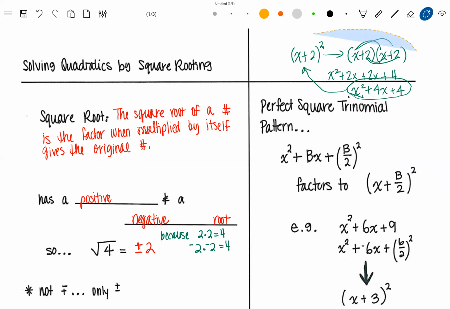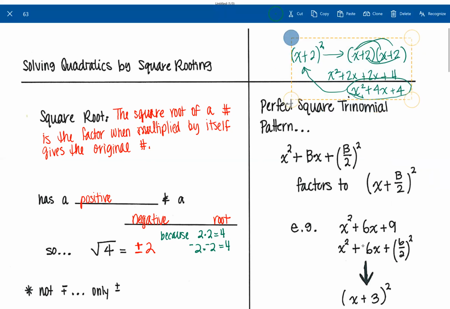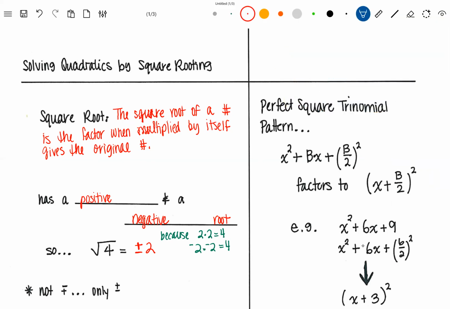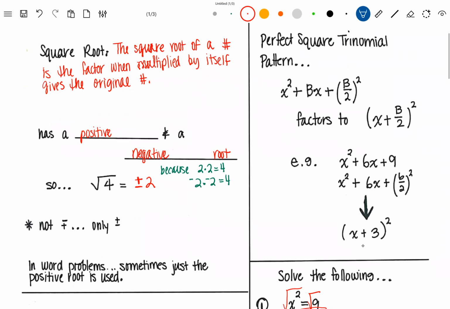Now, the way you can tell if a trinomial is a perfect square trinomial and can be written like that is, if you look at the example here, if you can half this number and then square it and get that number. So notice, this last number is half of b squared. So half of 6 is 3. 3 squared is 9.